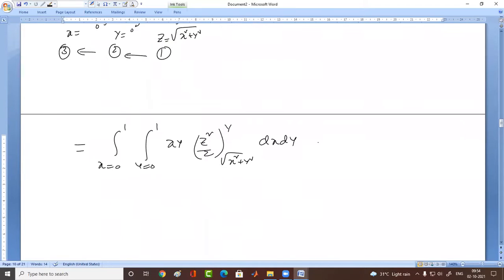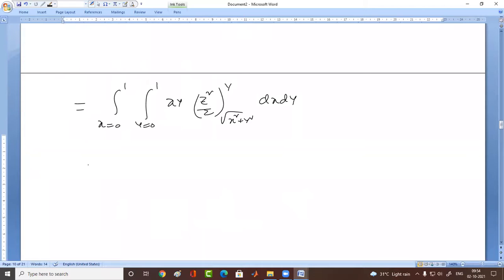Now substitute the limits like our previous double integral. Very simple. 1 by 2 is a constant term, x is 0 to 1, y is 0 to 1, y square minus x square minus y square dx dy.